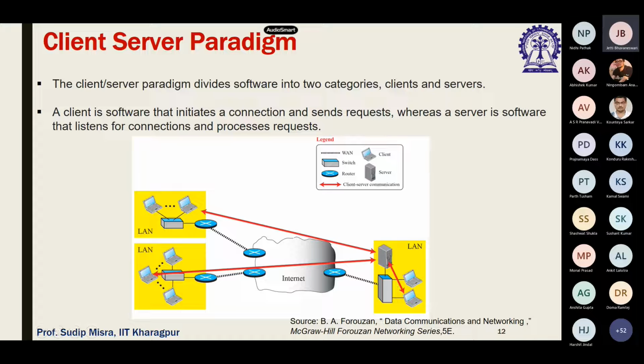Now you see that there is a direct communication from the client to the server like this, from this client to this server, and this client to this server. Is it clear? So this is the overall picture.